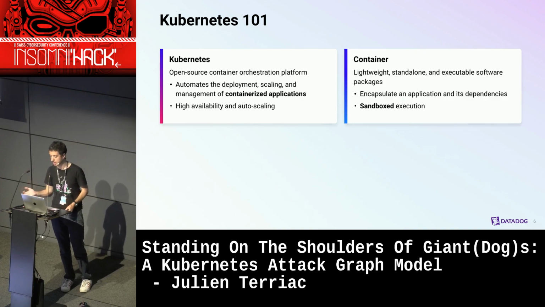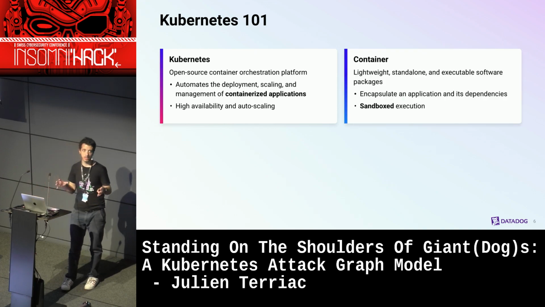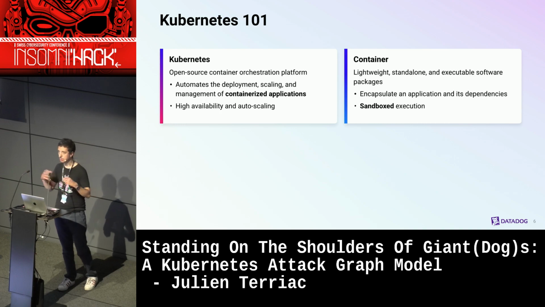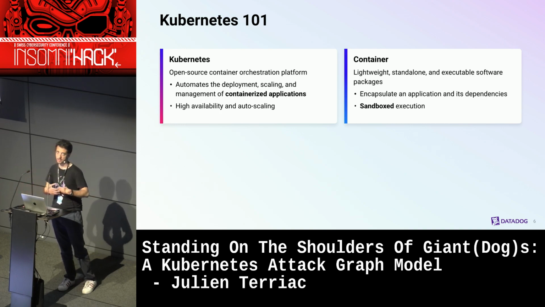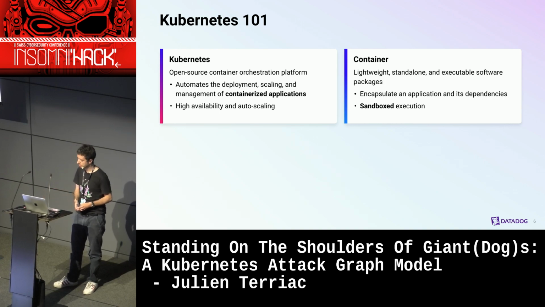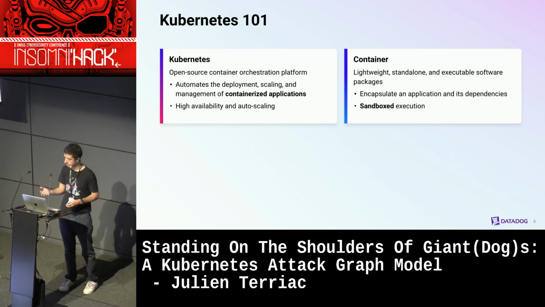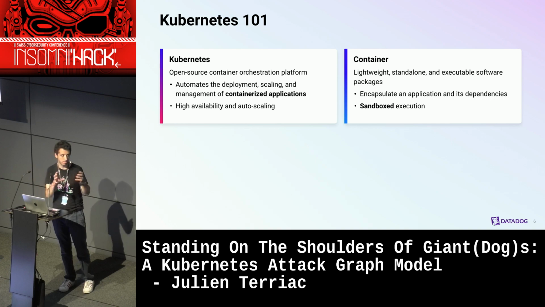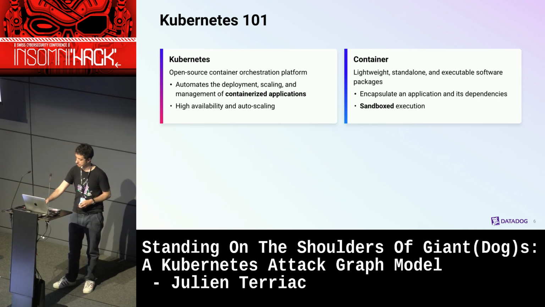But what is a container? A container is really a sandbox environment, but it was never built for security. It was really born to ease the life of developers so they can ship applications easier and faster, and it's one of the main abstractions around Kubernetes.